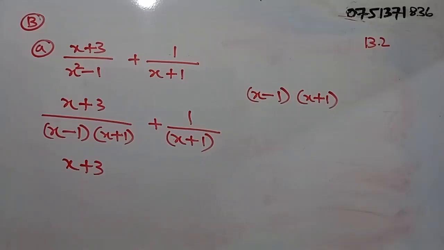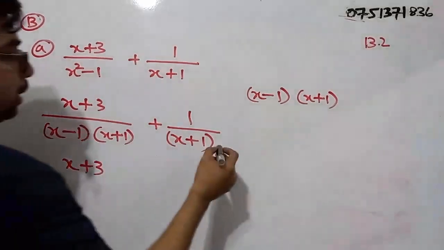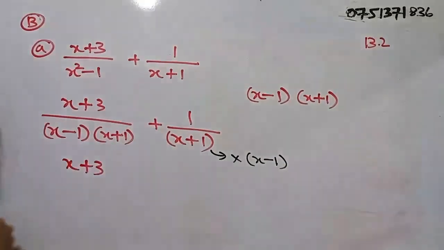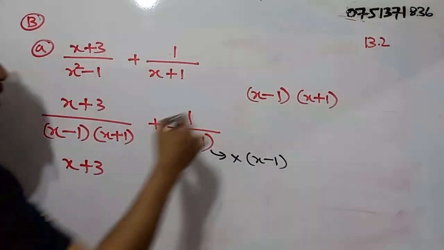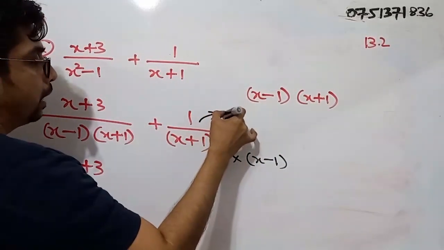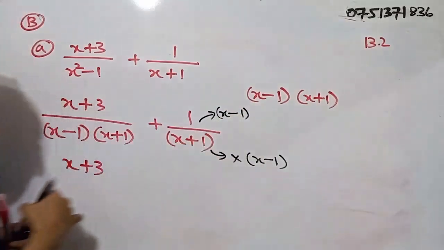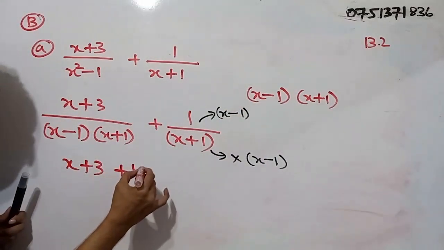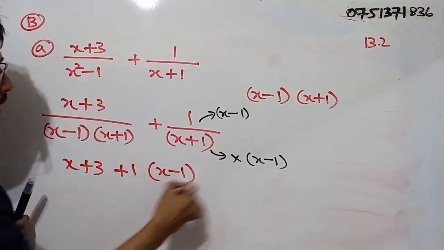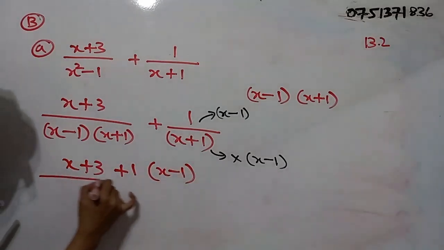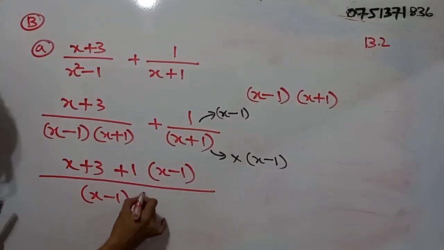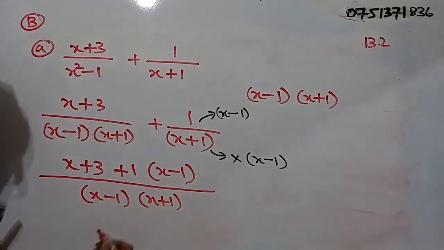There we have to multiply the denominator by (x - 1), which means we need to multiply the numerator by (x - 1) as well. So plus 1 into (x - 1). Now the entire expression needs to be divided by (x - 1)(x + 1).